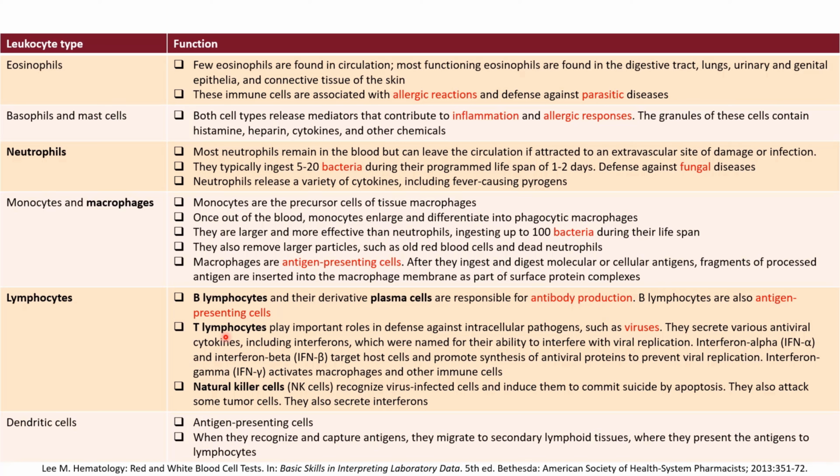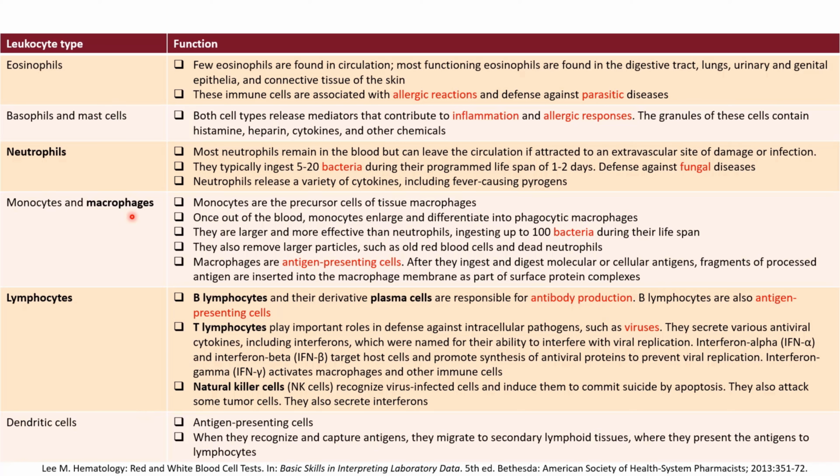They are not only important in developing long-lasting memory to bacterial infections, but they also have an important role in fighting viral infections. We have natural killer cells, and lastly we have dendritic cells that are also antigen presenting cells.